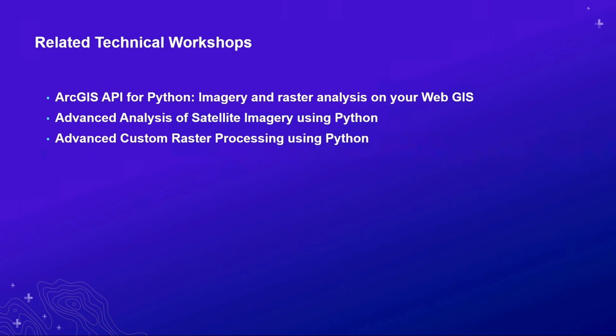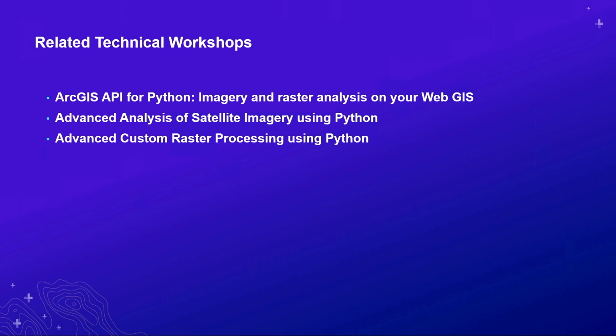Now, the other related technical workshops you may be interested in at this demo theater, in this Data Summit 2020, are ArcGIS API for Python. This will give you an in-depth view of distributed raster analytics and how you use the ArcGIS API for Python to perform analysis with the support of distributed raster analysis.